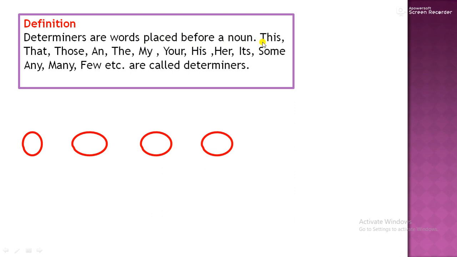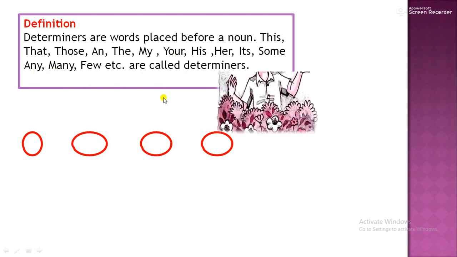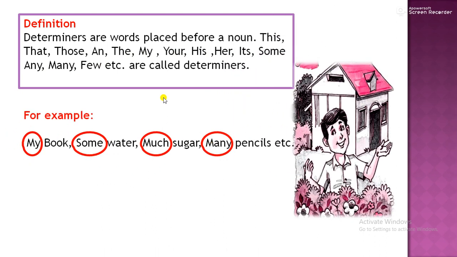For example, this, that, those, the, my, your, his, her, its, some, any, many, few, etc. are called determiners. For example, my book, some water, much sugar, many pencils.